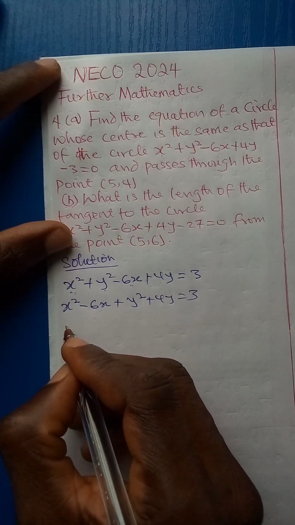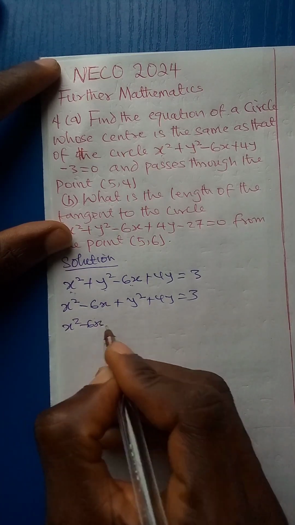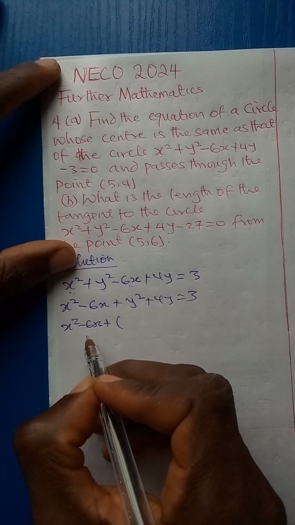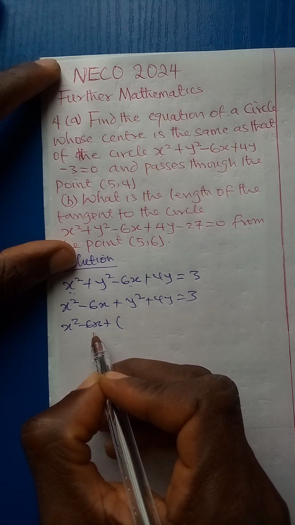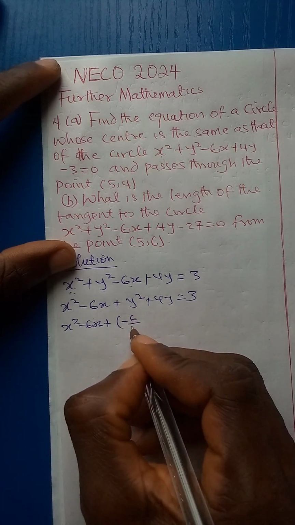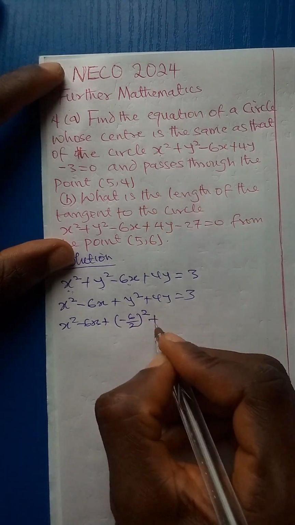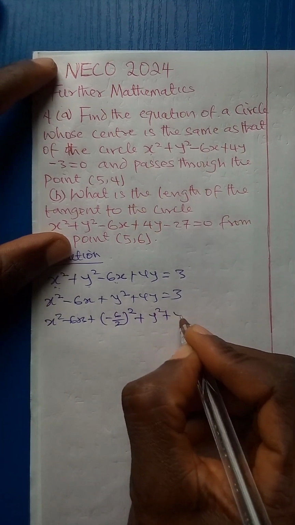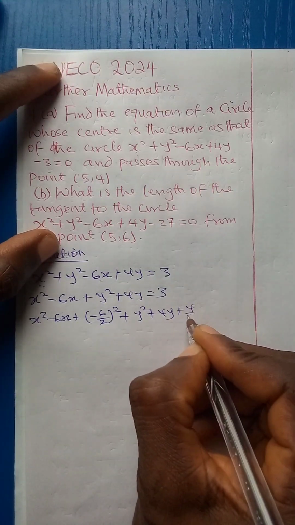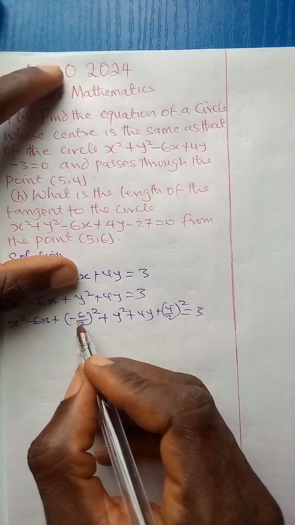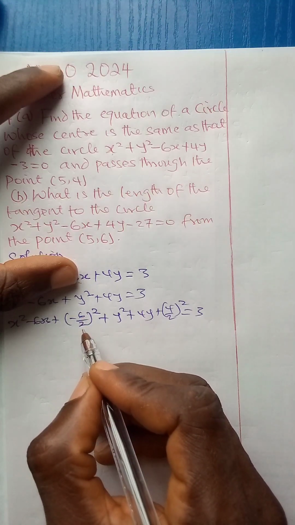So I'm going to do this: x squared minus 6x plus, I will find half square the coefficient of the middle term here, which is minus 6. That becomes minus 6 all over 2, and then square it. I'll do the same thing to this part, plus y squared plus 4y plus 4 over 2, and then square is equal to 3.